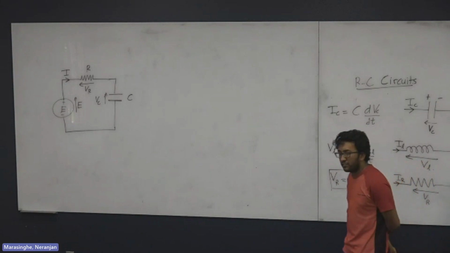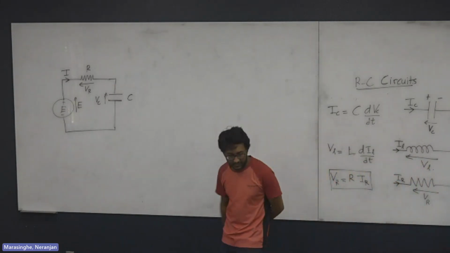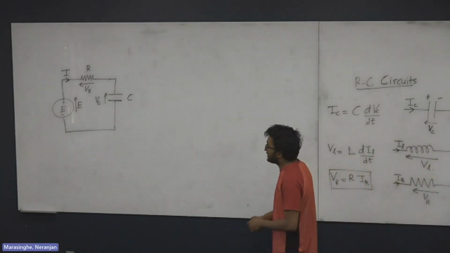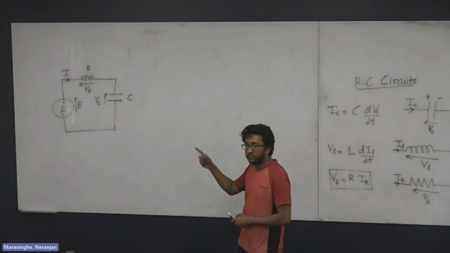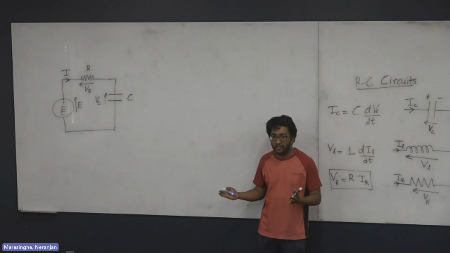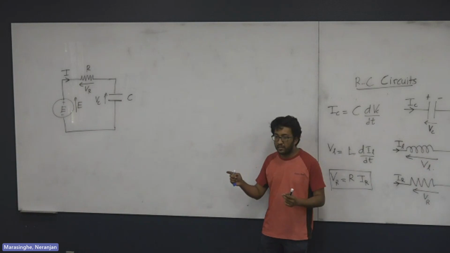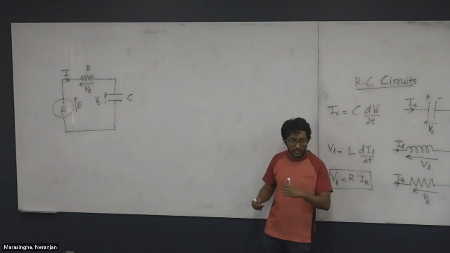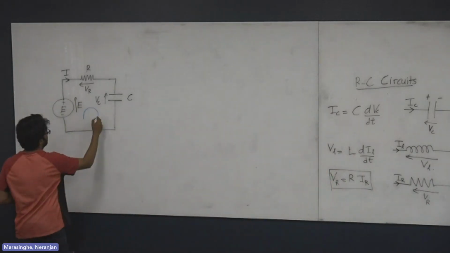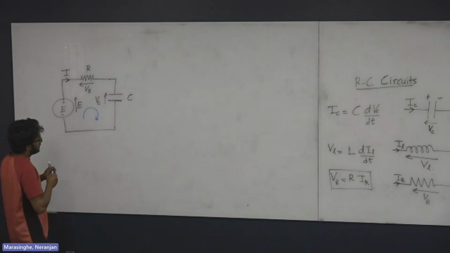So how do we apply Kirchhoff's voltage law to this circuit? What is Kirchhoff's voltage law? It says that if you consider any closed path, the total voltage drop is going to be equal to zero. So I'm going to take a closed path.